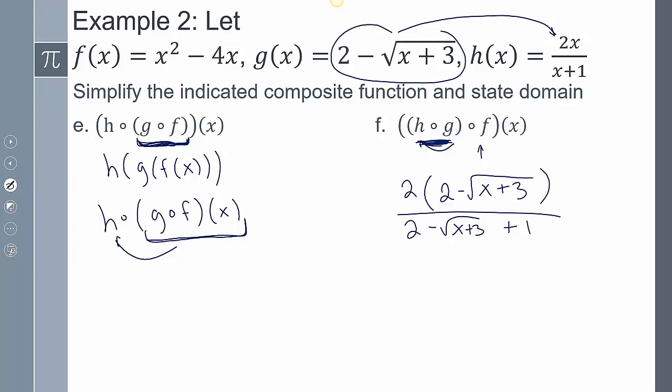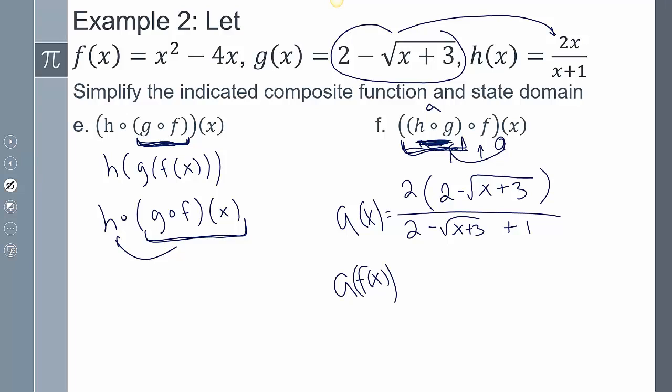Now, this is where it gets weird: this part becomes a new function. Let's call that function a. So if this is a of x, now it's saying take this f and plug it into that a. And so it's a of f of x. That's what's being plugged in.